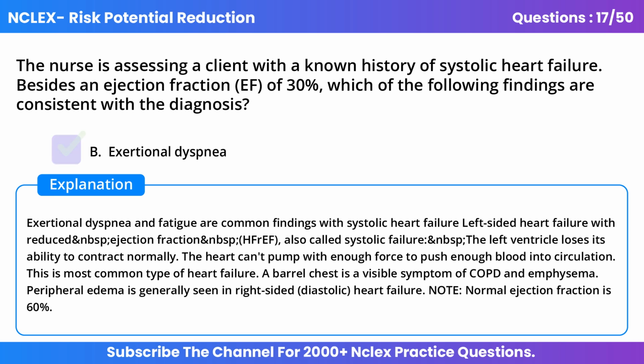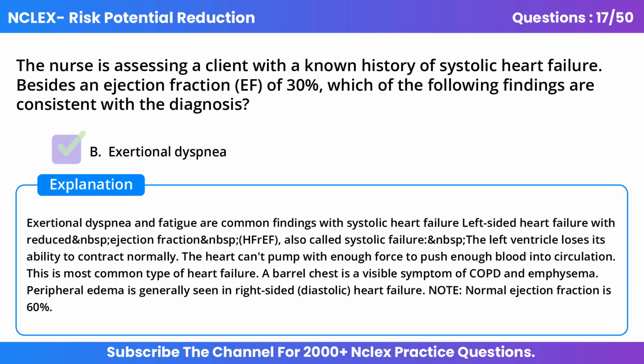Exertional dyspnea and fatigue are common findings with systolic heart failure, left-sided heart failure with reduced ejection fraction, HFrEF, also called systolic failure, where the left ventricle loses its ability to contract normally. The heart can't pump with enough force to push enough blood into circulation.